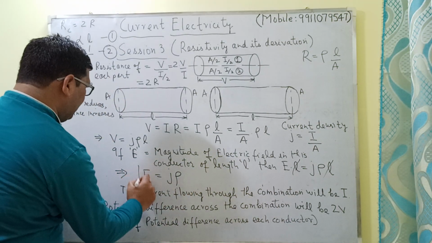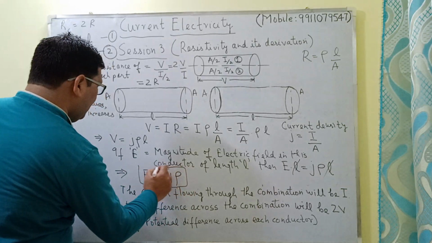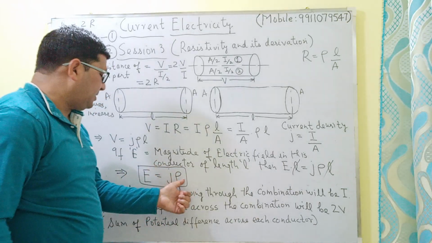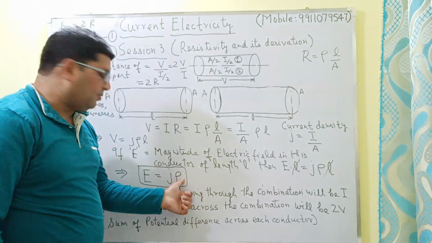So this is another equation which we have got in terms of the current density and the resistivity of the conductor.